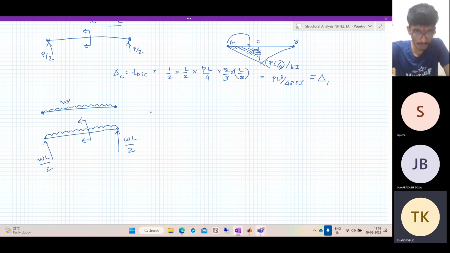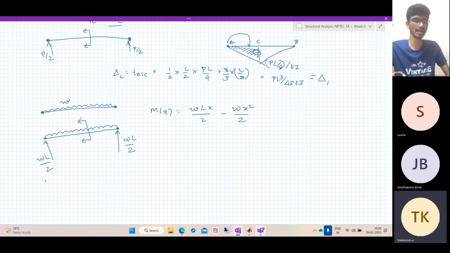So you will get the bending moment M of x as WLx by 2 minus Wx squared by 2. Now this is nothing but a parabola. So it looks like this, with the maximum at the middle.